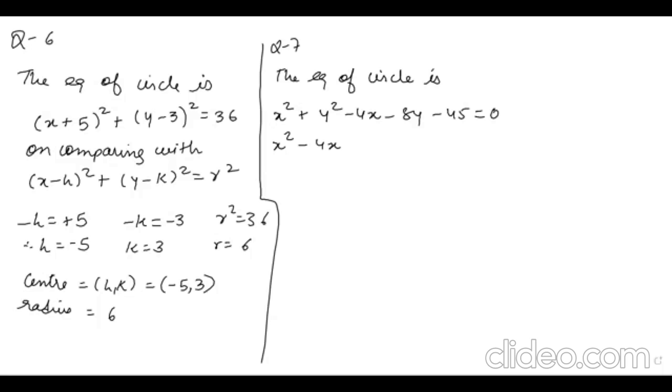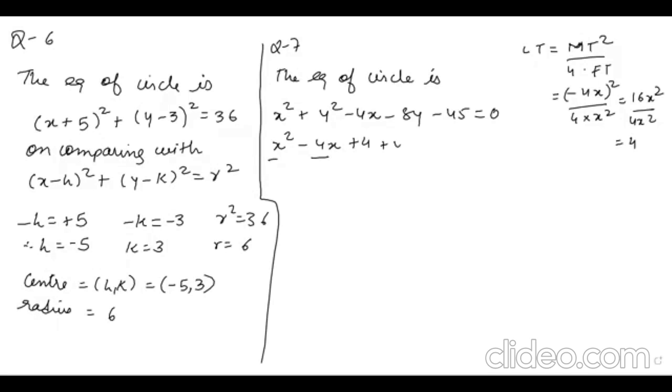Now if I consider this as my middle term and this as my first term, then last term can be found out using the formula middle term square upon 4 into first term, provided that your first term should be a perfect square number. In this case it is. So I can apply this formula. Middle term is minus 4x whole square upon 4 into first term. 16x square upon 4x square will give me 4. So I will take 4 extra and will remove it afterwards.